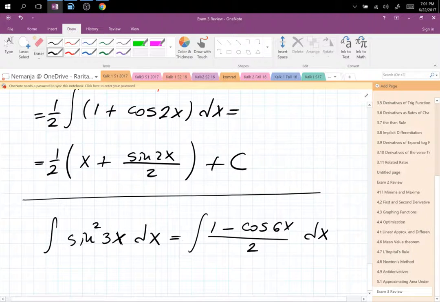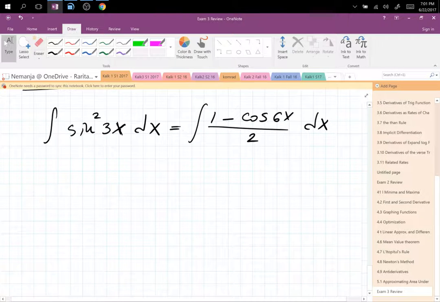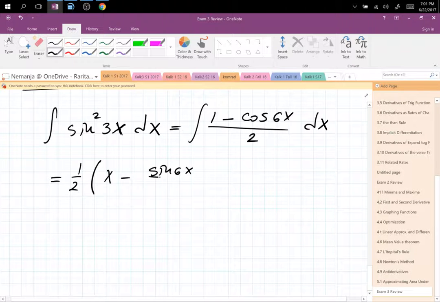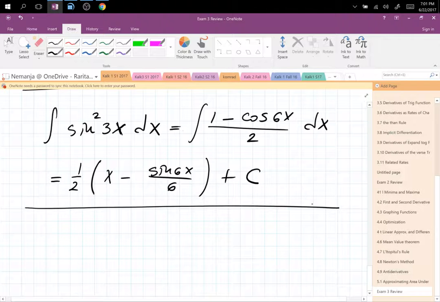So the formula is always doubling this angle. And then you do your integral. You kick 1/2 outside. The integral of 1 is x, minus the integral of cosine is sine 6x divided by 6, and then plus c. So power reducing formulas will always double this angle. In the previous example, that angle was 1, right? So it became 2 on the other side.